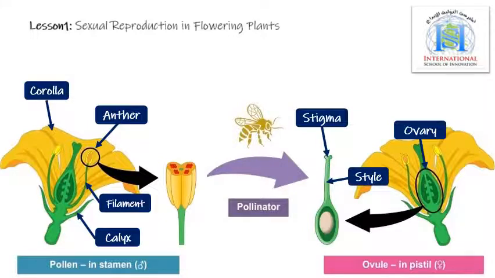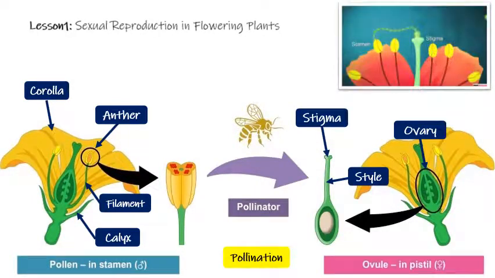Reproduction starts when a pollinator moves pollen grains from the stamen to the pistil, from the anther of the stamen to the stigma of the pistil. As you can see in this figure, this movement is called pollination.